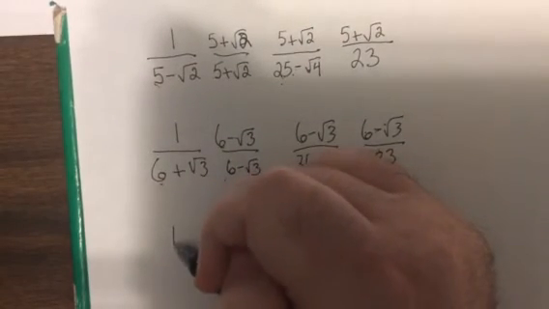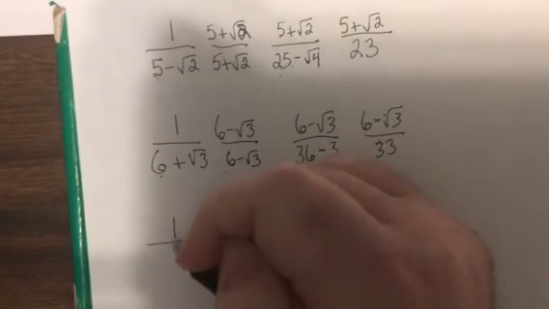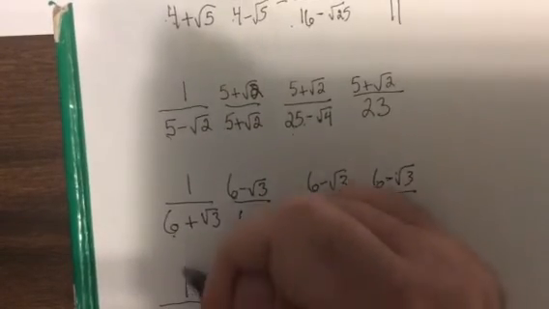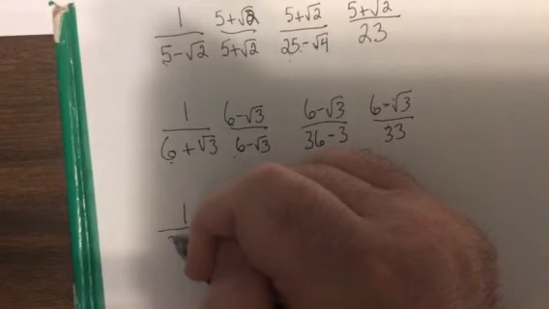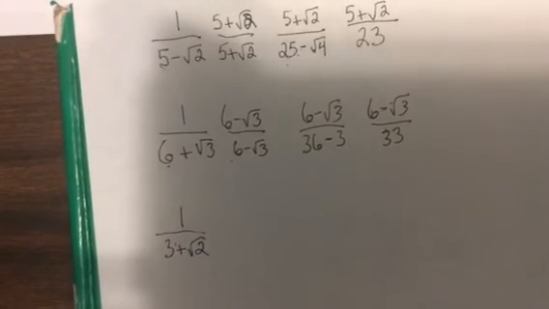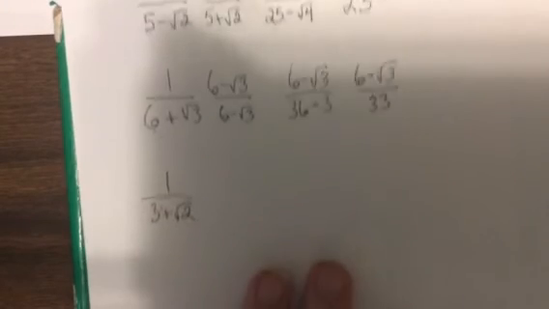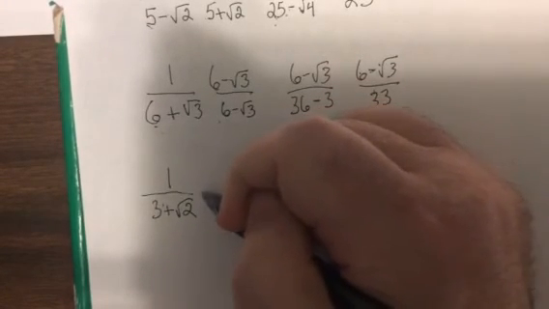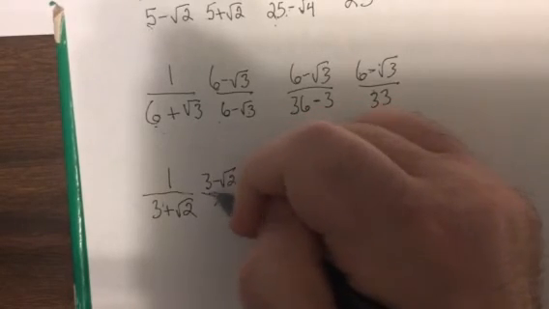Try one of them on your own. 1 over, let's do a 3 plus square root of 2. Go ahead, freeze the machine and then turn it back on. So you go times 3 minus square root of 2.